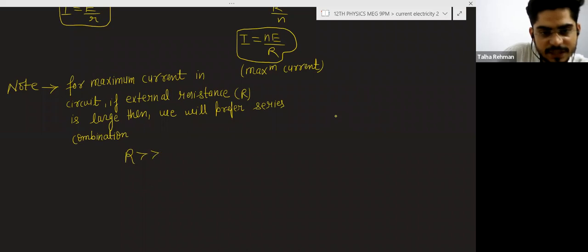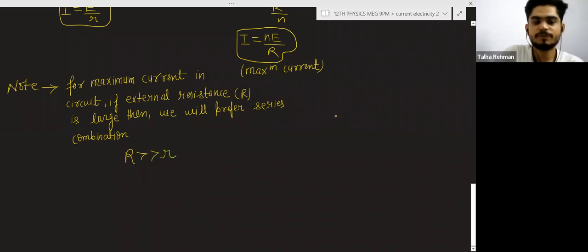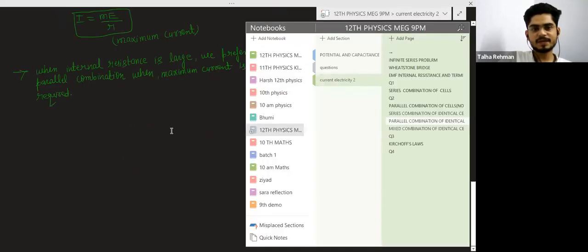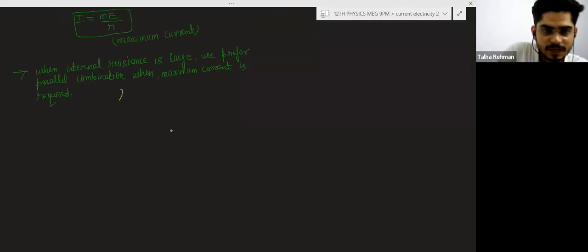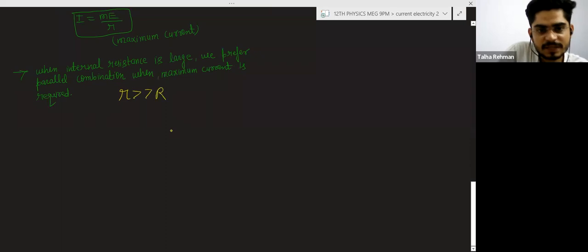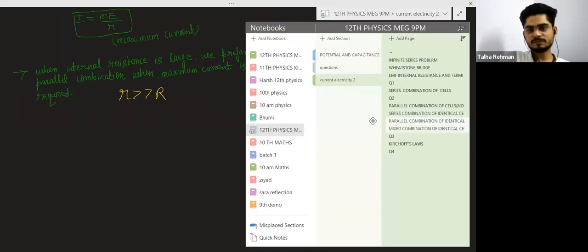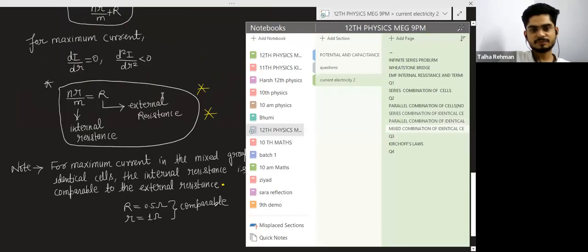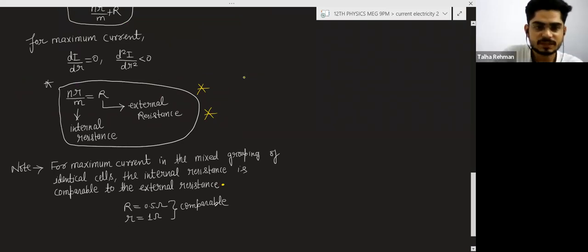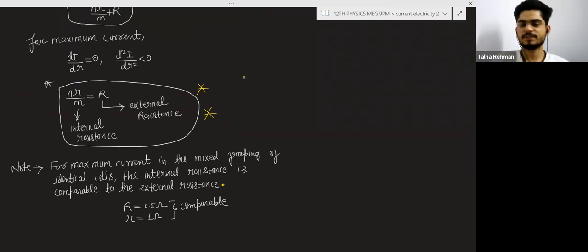For the parallel combination, the internal resistance must be larger than the external resistance. You can read this statement. And for the mixed combination, the internal resistance is equal to or comparable to the external resistance.